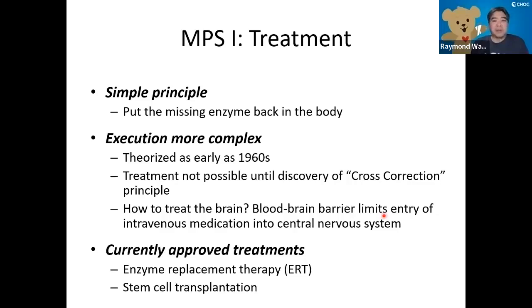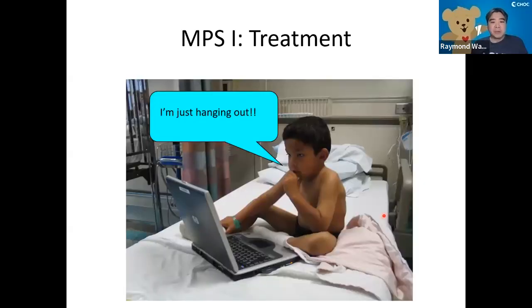Currently we have two different approved therapies, one of which is intravenous enzyme replacement therapy. The other is hematopoietic stem cell transplant. They've been around for a little over 20 to 25 years. Here's a young man who is actually in college at the moment.